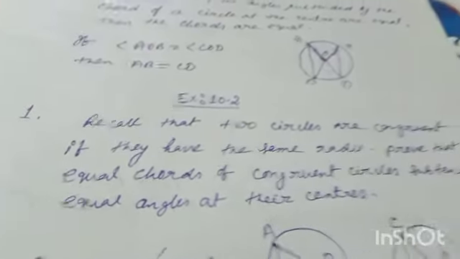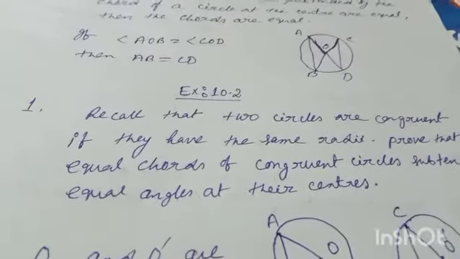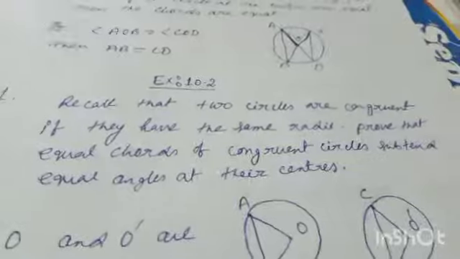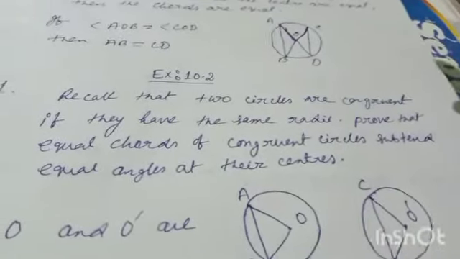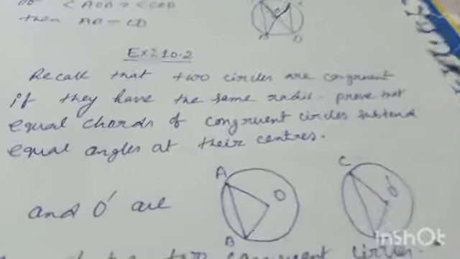Then you need to prove that equal chords of congruent circles subtend equal angles at their centers. Means if two circles are congruent and they have equal chords, then they also subtend equal angles at their centers.